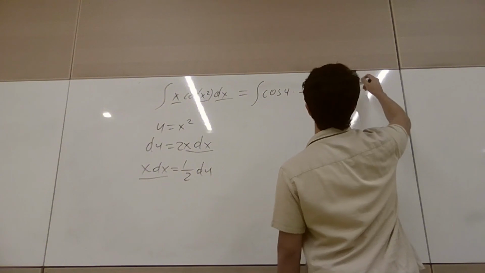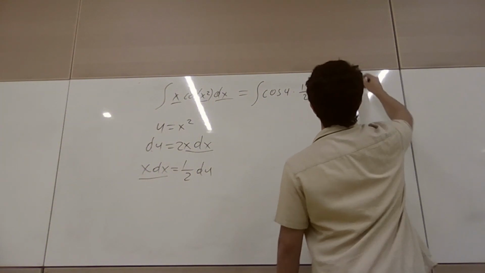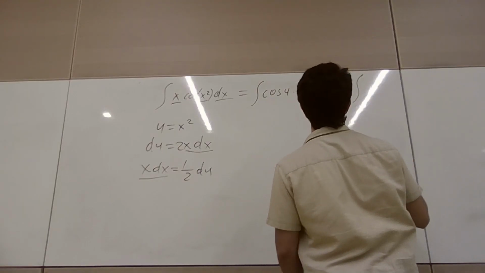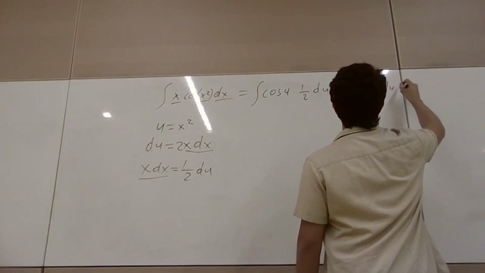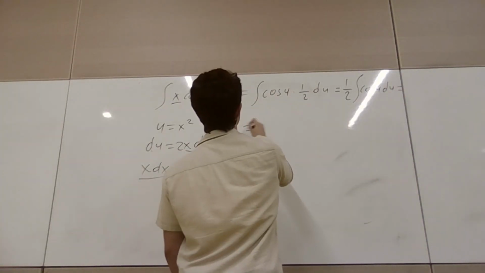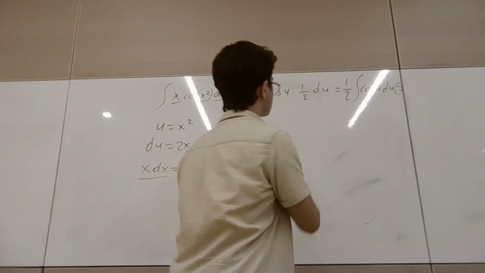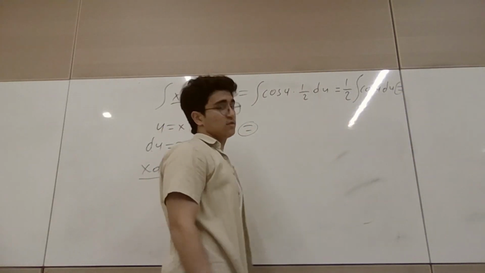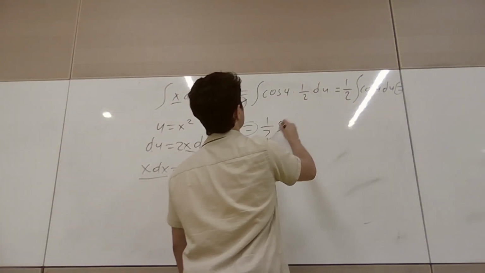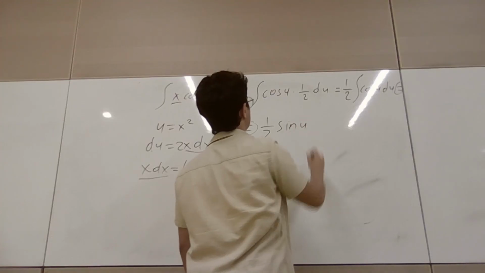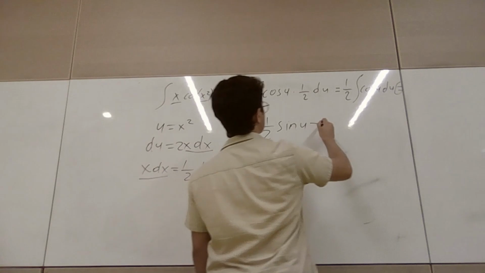So we can pull the 1/2 outside the integral: 1/2 integral of cosine u du. And the integral of cosine u is sine u, and we plug x back here.